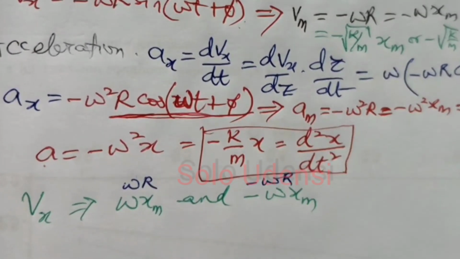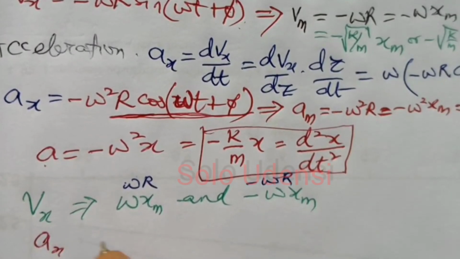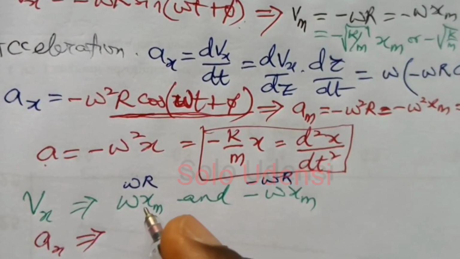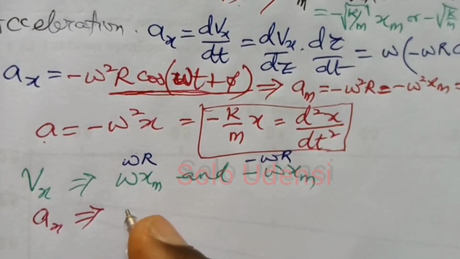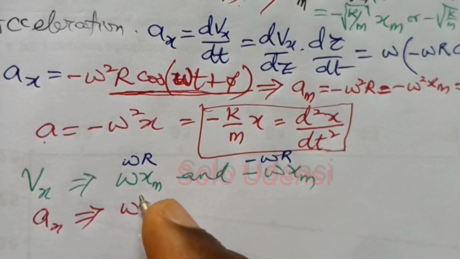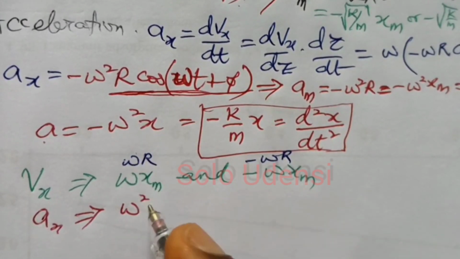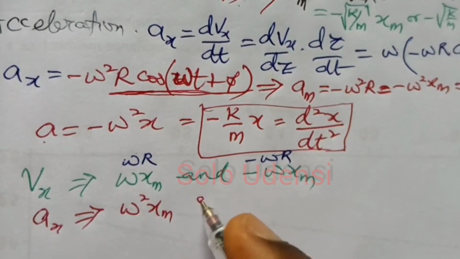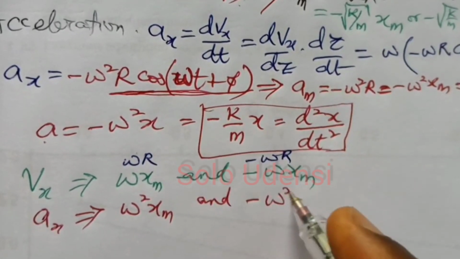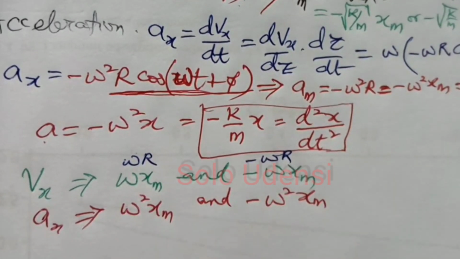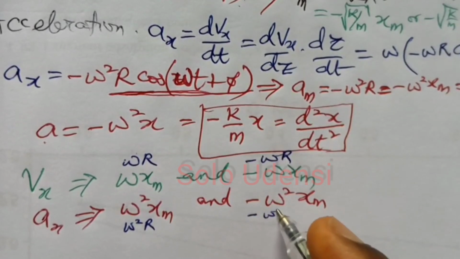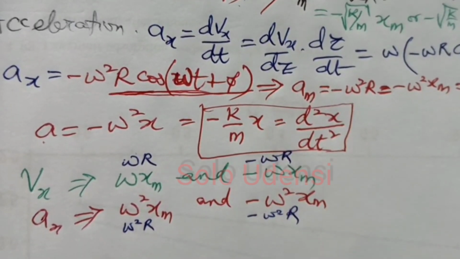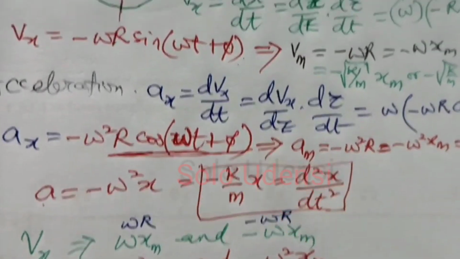Also, acceleration ax is moving between two extremes, omega squared xm and minus omega squared xm. So that is where they are moving from, omega squared r and minus omega squared r. Any which one will go.